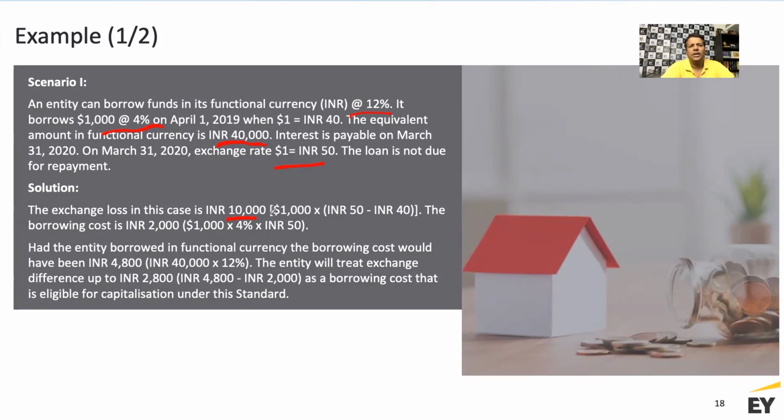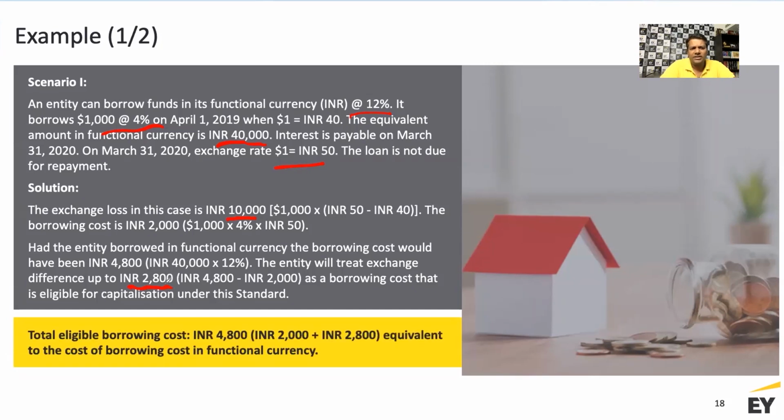The entity will treat the exchange difference up to INR 2,800. How much is the exchange loss I have here, right? My total exchange loss is 10,000 rupees, but the exchange loss to the extent of 2,800 is treated as a borrowing cost that is eligible for capitalization under this standard, right? So total eligible borrowing cost is INR 4,800, equivalent to the cost of borrowing in functional currency.